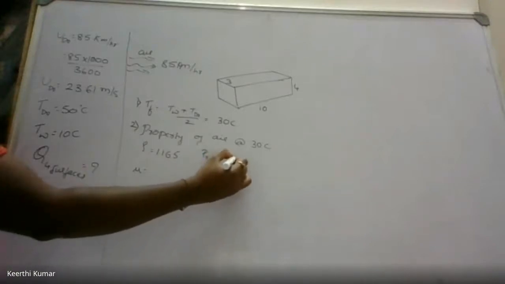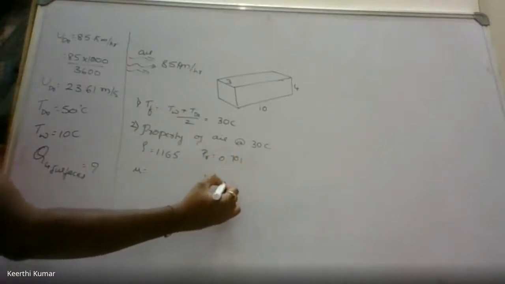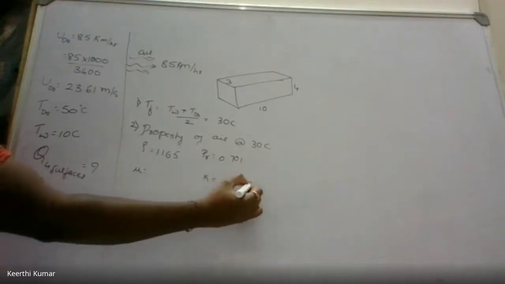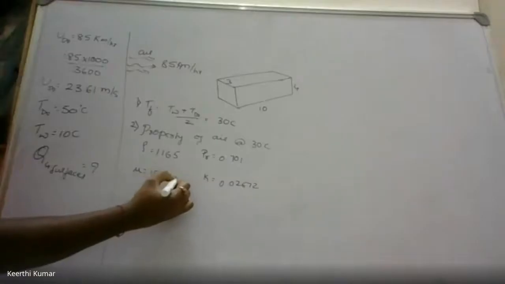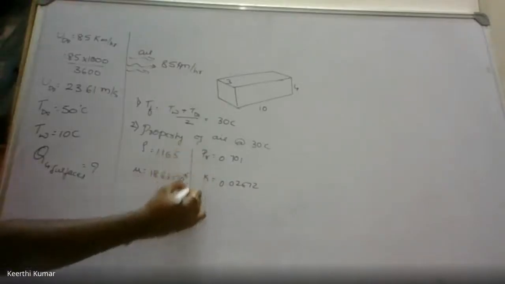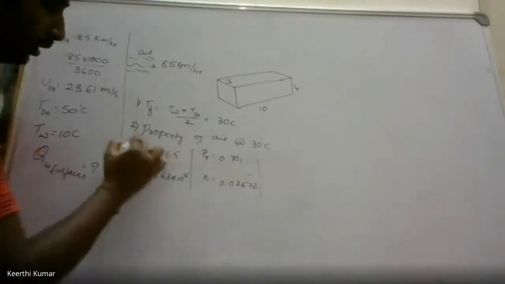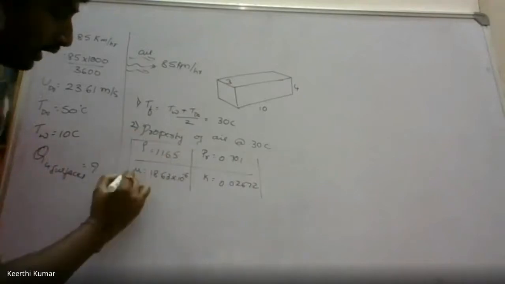Prandtl number is 0.701. K, I got 0.02672. Mu is 18.63 into 10 to the power minus 6. I have taken the values from the property sheet in the data handbook.